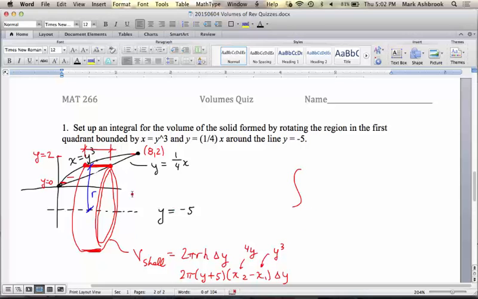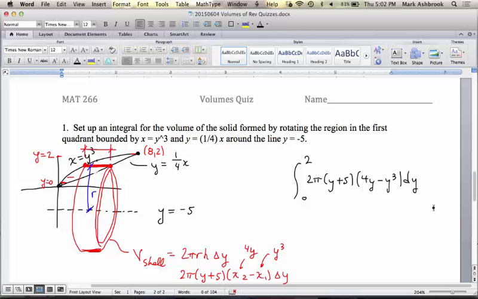So we're going from, what did we say, 0 to 2. 0 to 2, 2 pi, y plus 5, 4y minus y cubed dy. That would be the shells method.